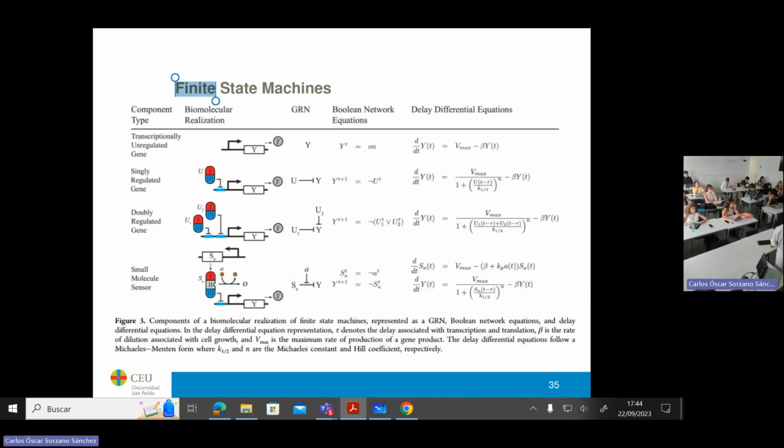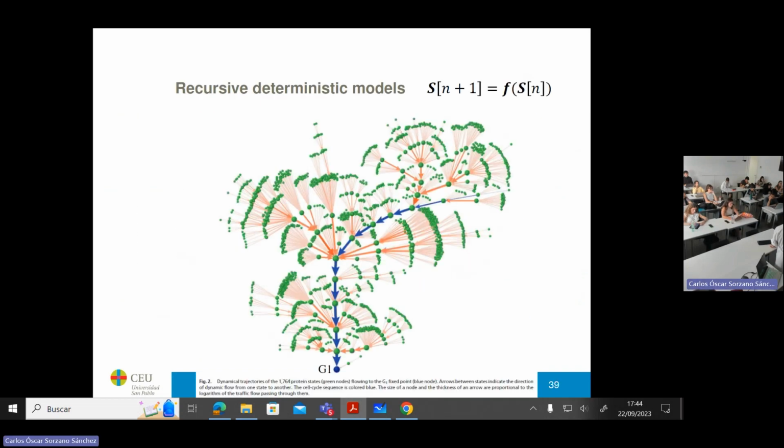Now what they did was, let us start from random nodes. If I start from a random node, where do I go? They follow the path, and they always go to G1. So somehow these gene networks are designed by nature, not by these researchers.